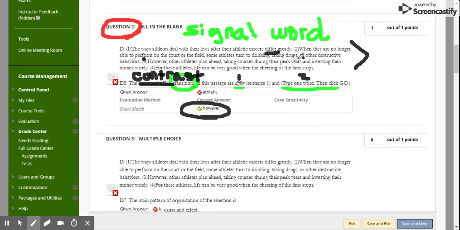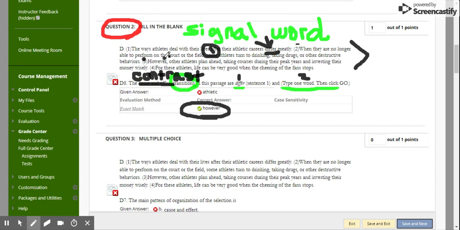differences, contrast. The first one starts in sentence 2, and it says when they are no longer able to perform on the court or the field, some athletes turn to drinking, taking drugs, or other destructive behaviors. So that's one option. But we say the way they do it differs, so there must be a second one.